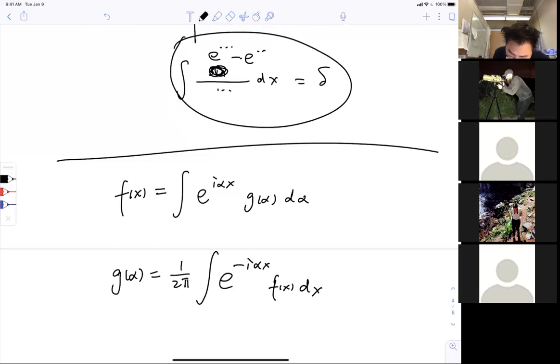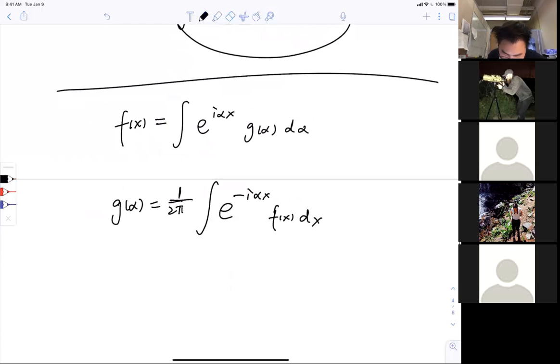Sometimes people use this convention, sometimes people use that convention. In general, you can multiply by a constant here and divide by a constant there. It will not change the result. It will change your expression of your G alpha, but it really doesn't matter. Let's use the convention in the textbook like this.